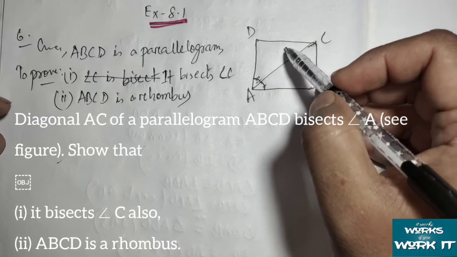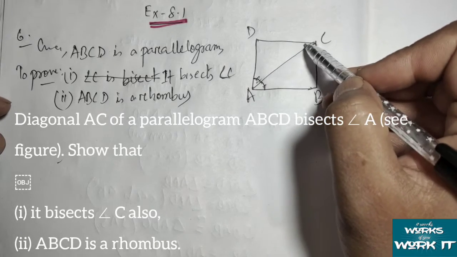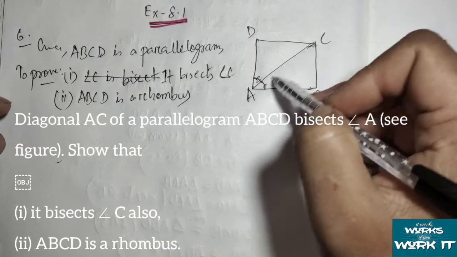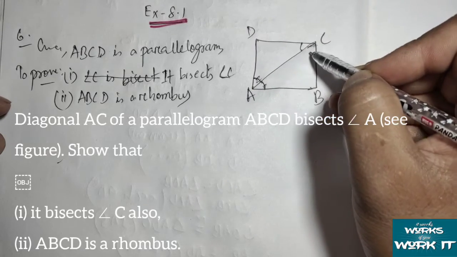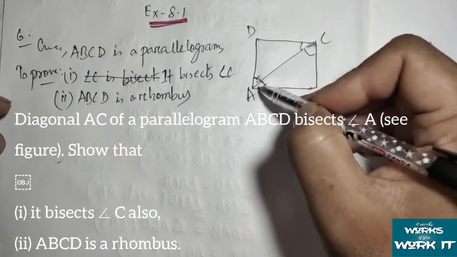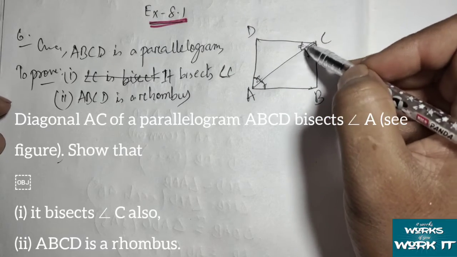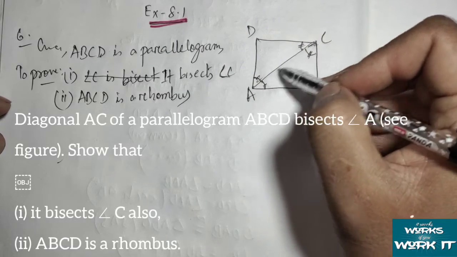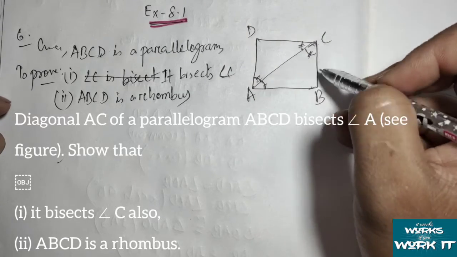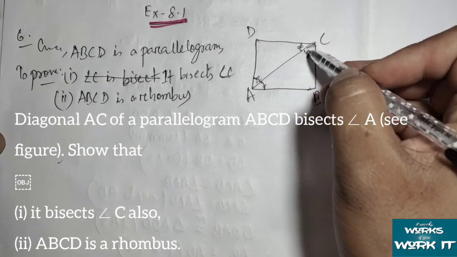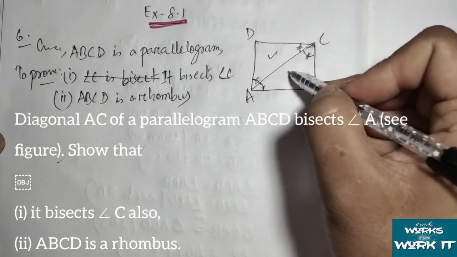Now, for showing angle C has been bisected by AC, we need to prove that this angle and this angle, DCA and BCA, are equal. Once we have shown them equal, then we can write AC bisects angle C. In order to show these two angles equal, we need to take these two triangles.